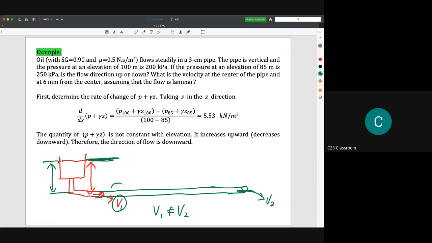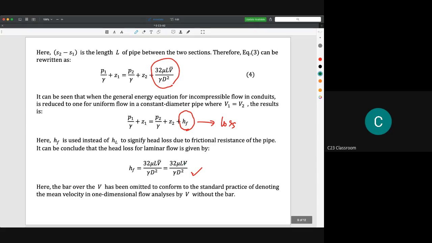Because there are losses due to the shear stress in the pipe. If you give an extra length of pipe, you give an extra shear stress to be overcome by the water. The losses can be represented by the symbol HF. So the equation of HF according to this calculation is equal to this one.